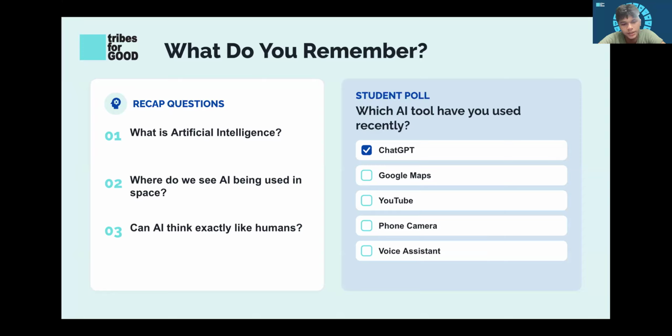Then third question is, can AI think exactly like humans? So for now, it might not be true, but in the future, it is going to be true. I'm pretty sure about it. AI would think exactly like humans, how humans think, because for now, AI doesn't have emotions. So that's a factor which AI will be gaining. Ma'am, next slide.